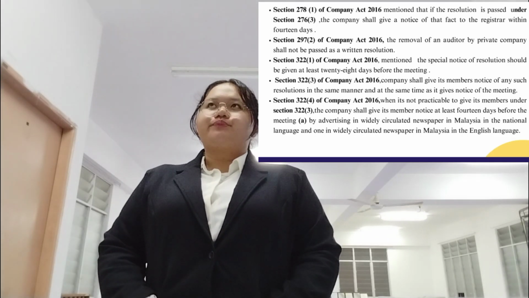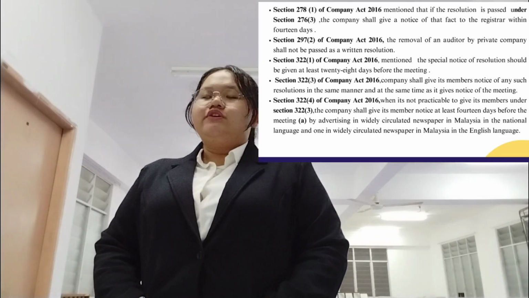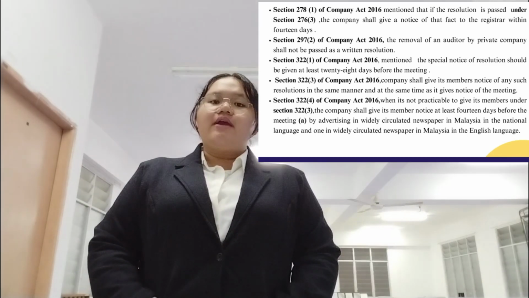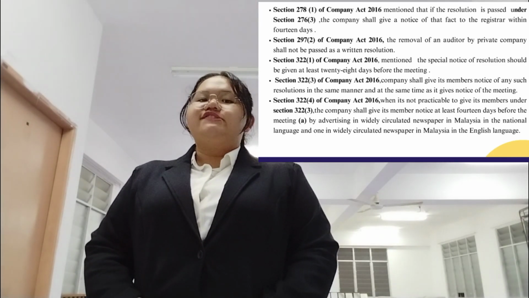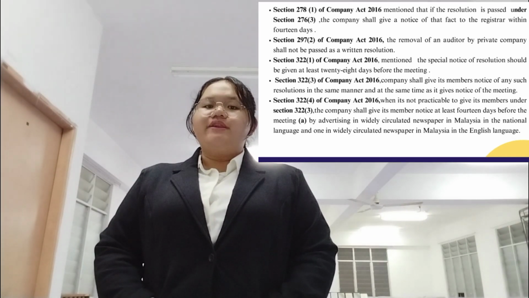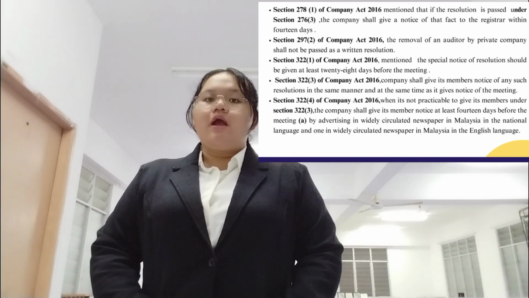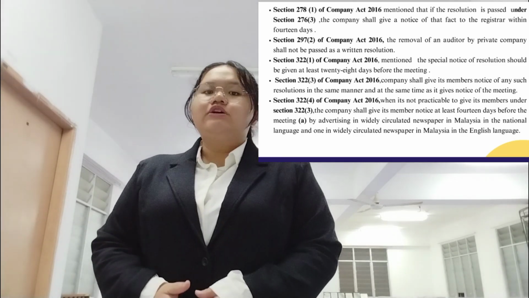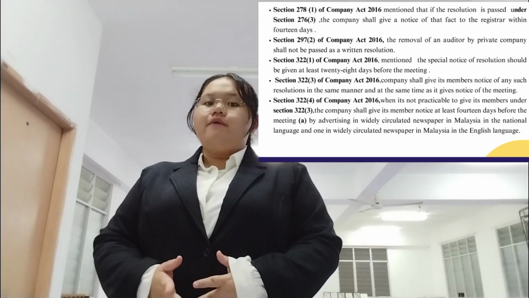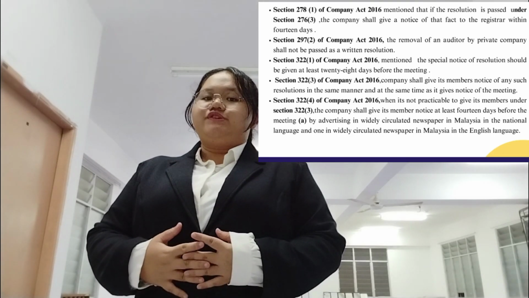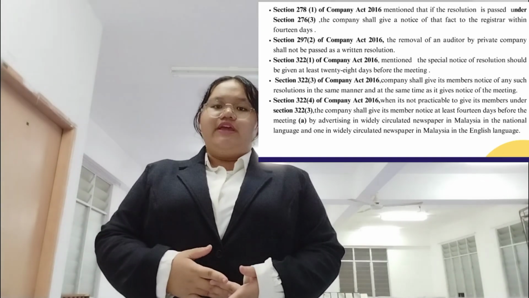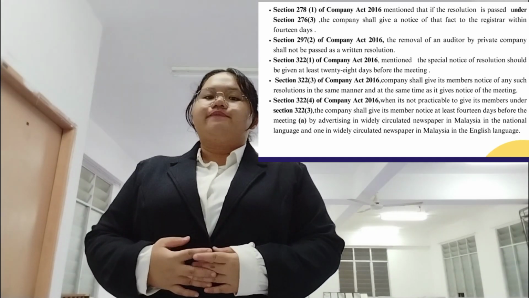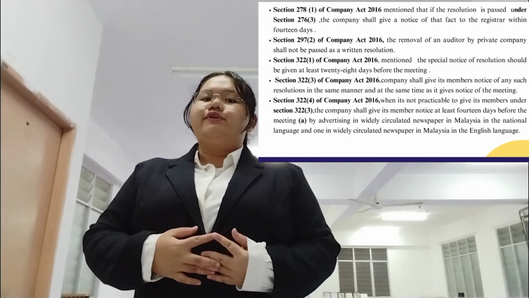Section 322, Subsection 4, Subsection A, and Subsection B of the Companies Act 2016 mention that if it is not practicable to give its members notice under Subsection 3, the company shall give its members notice at least 14 days before the meeting.